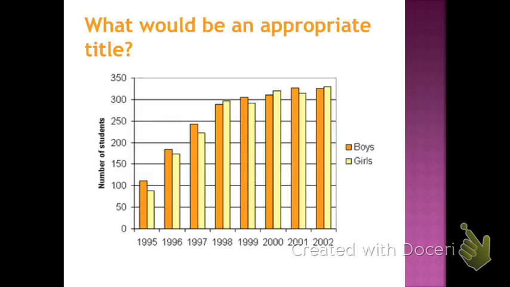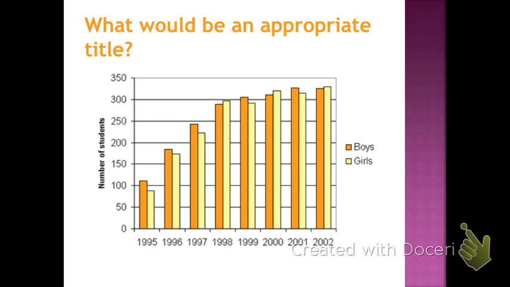So let's first talk about a title. We're going to go over the 5 major parts. In this graph, what would be an appropriate title? I look at it, and what we're looking at is the number of students who are boys and girls over a period of time. So we want our title to be shorter. We don't want to write that whole thing.